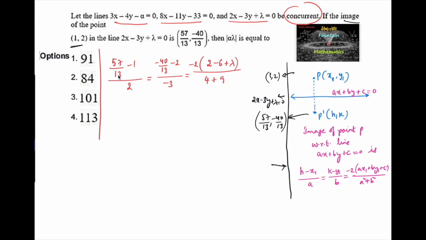So 57 minus 13, that is 44, divided by 2 into 13, which is equal to minus 40 minus 26, that is minus 66, divided by negative 3 into 13, which is equal to minus 2 times (2 minus 6, which is minus 4, plus lambda), divided by 13.